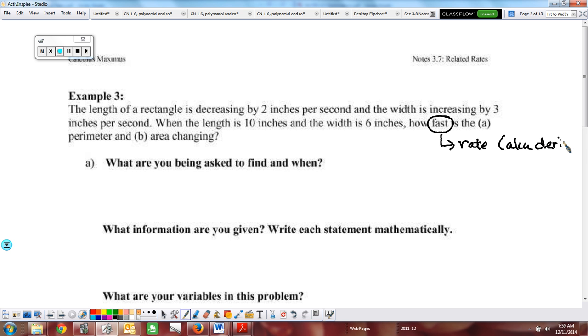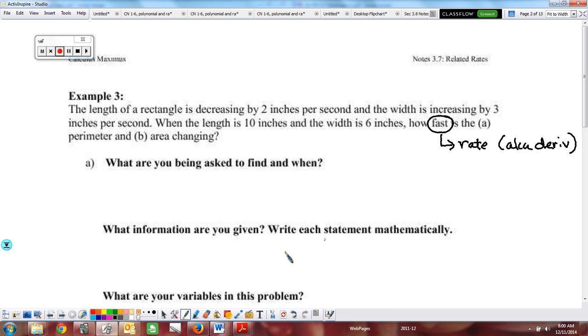It's called a related rate problem because we're given some information about rates and values, and then we find a formula that relates all of the information we're given together, and our job is to find a rate given information: related rates.